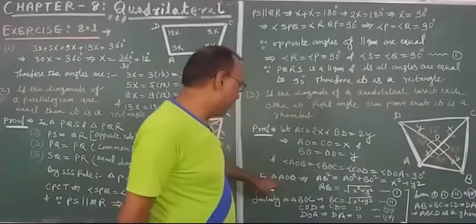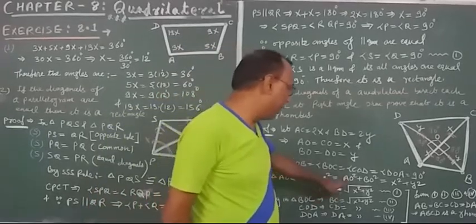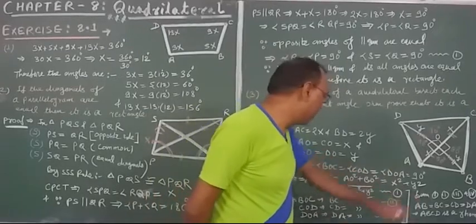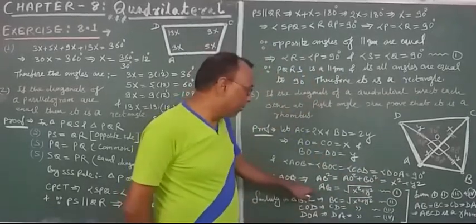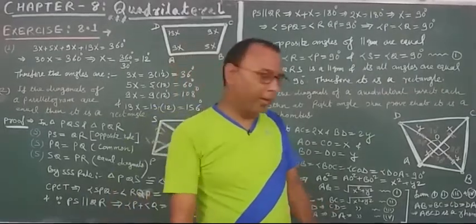So in triangle AOB, which is a right angle triangle, AB square will be x square plus y square. Therefore, AB will be square root of x square plus y square.